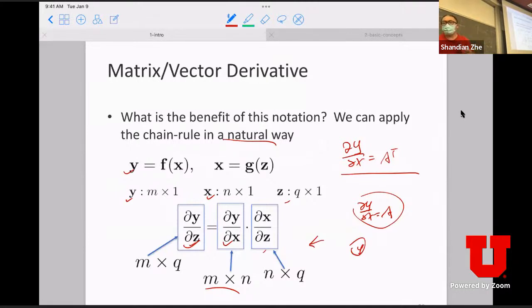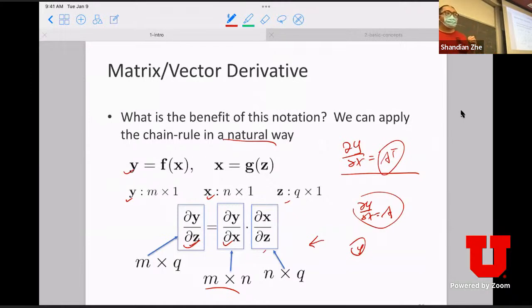That means the gradient of a scalar with respect to a vector will be a row vector. Some people feel uncomfortable with that, but to me, it's fine. If you choose the transpose, a row vector becomes a column vector, which might be more natural to some people. But anyway, this is just your choice of notation.